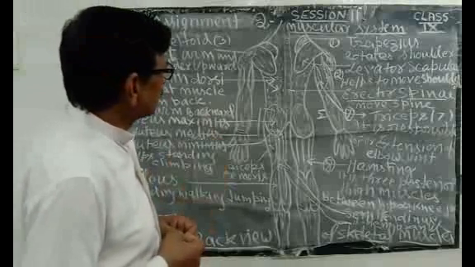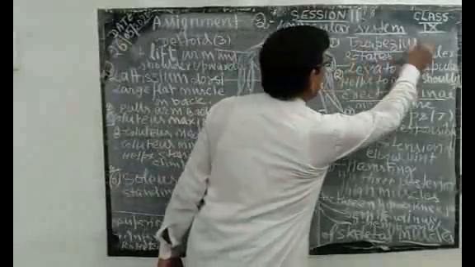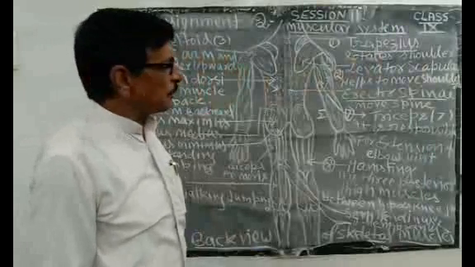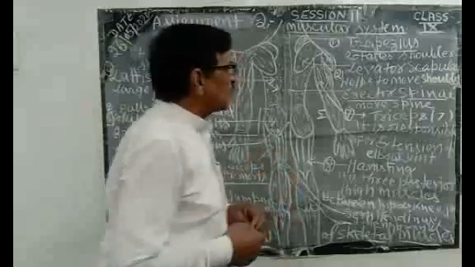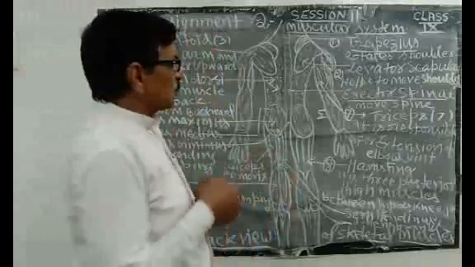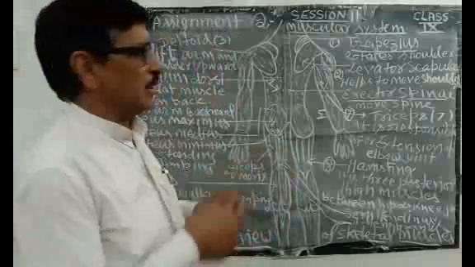First, trapezius. First muscle, the trapezius muscle. Trapezius muscle is related with the shoulder muscles.